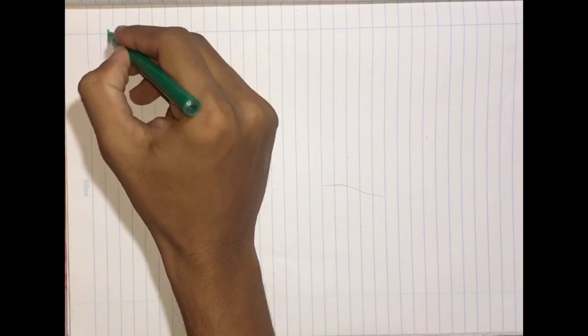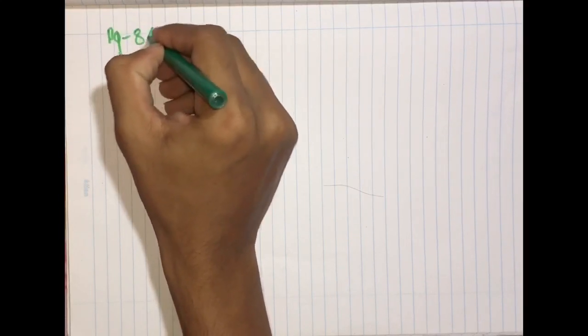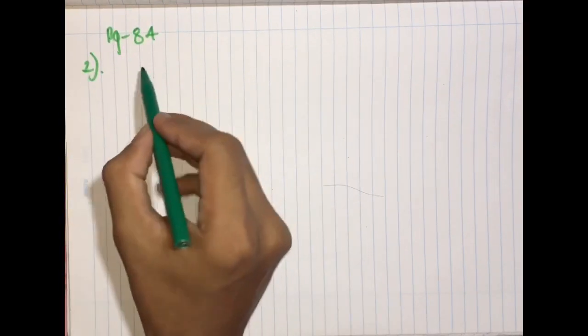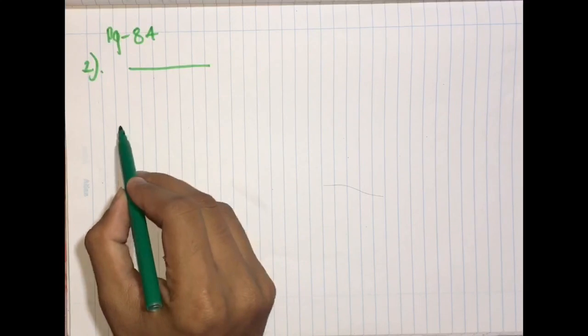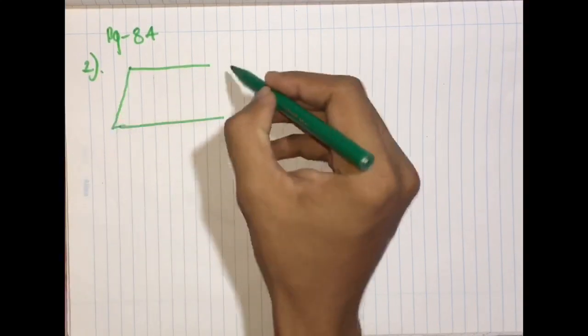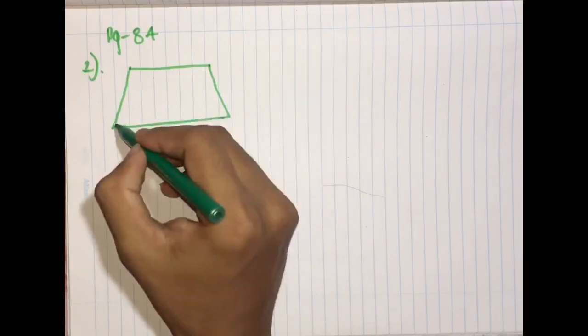Okay, next let us discuss one more question, that is on page number 84. On page 84, the second question, they have given you a diagram, and certain data are given.